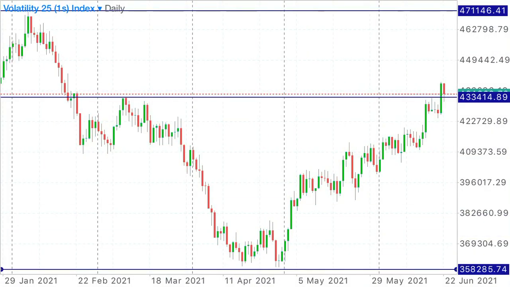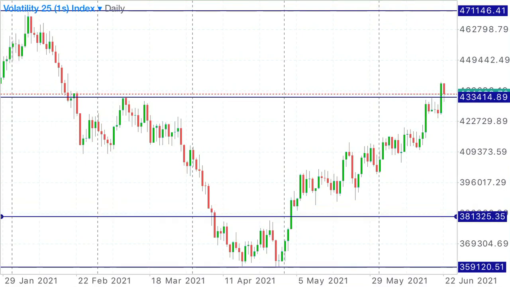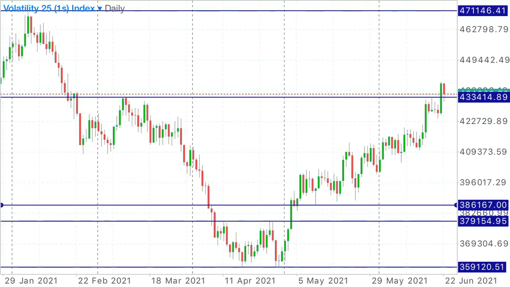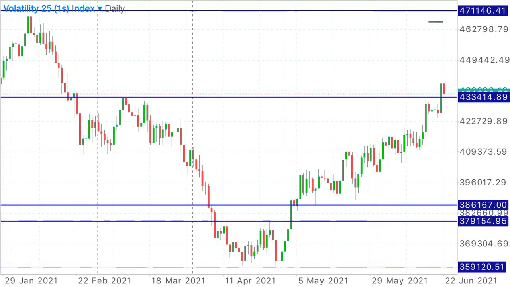I'm on the daily time frame, identifying all my previous support and resistance, because as swing traders, we believe that the market moves from one level to another, right?